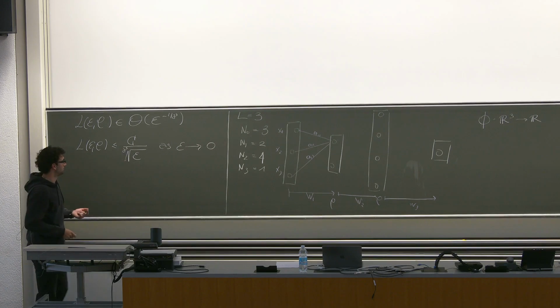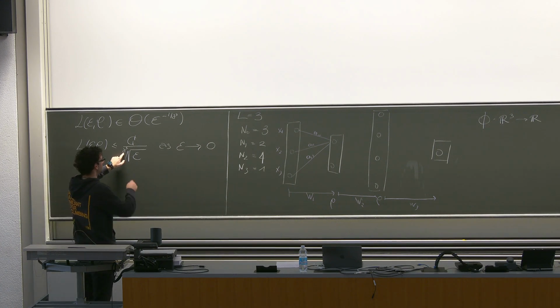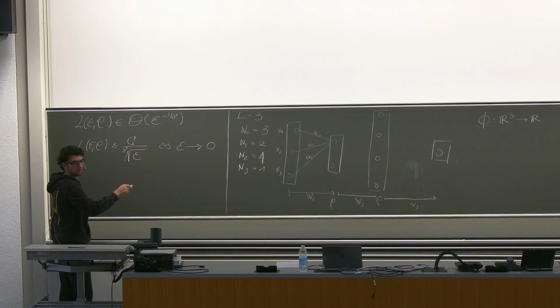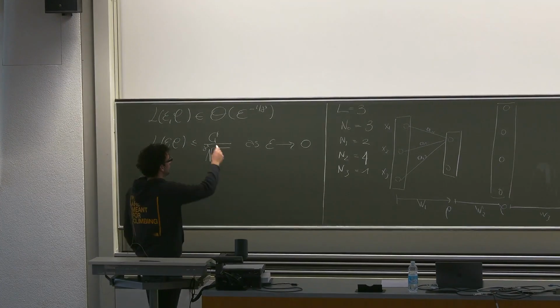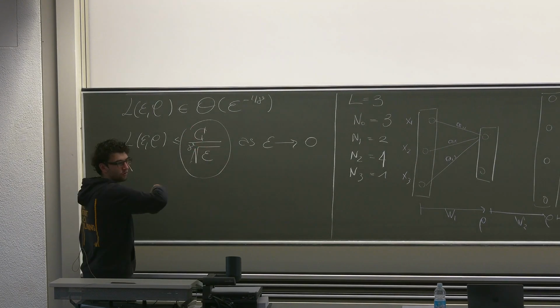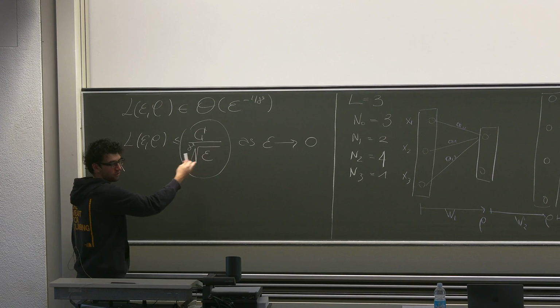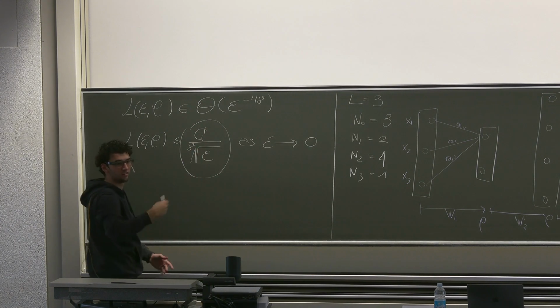goes to 0. Now, the bigger the gamma is, the more slowly the square root of gamma epsilon goes to 0 for epsilon that goes to 0. And in particular, the more slowly this value goes to infinity. We will have a denominator going to 0 slowly, so the whole thing is going to go to infinity more slowly.